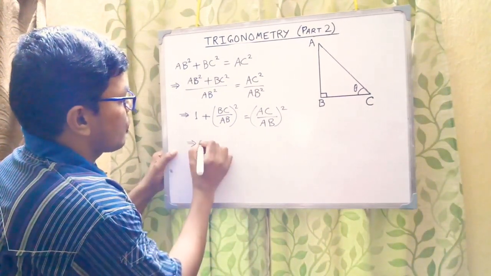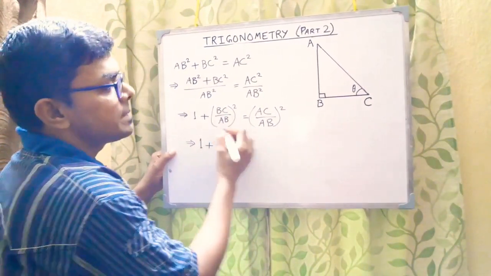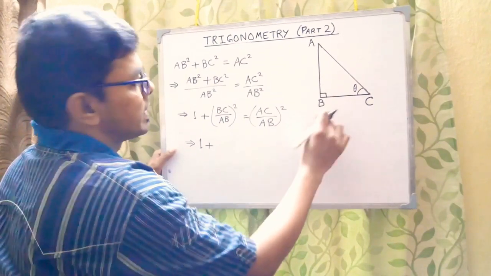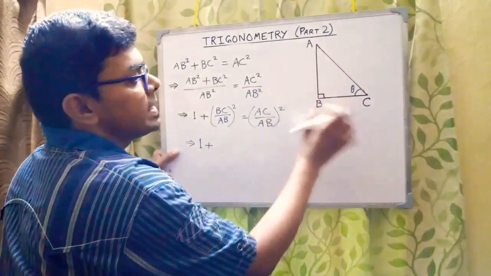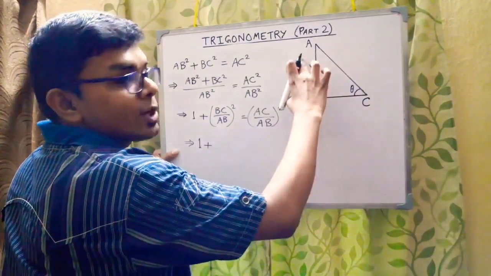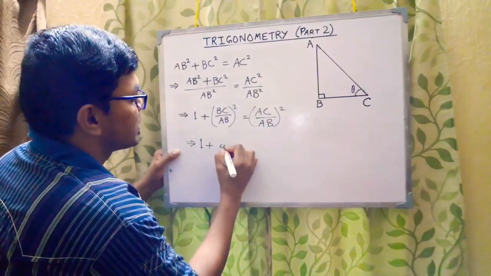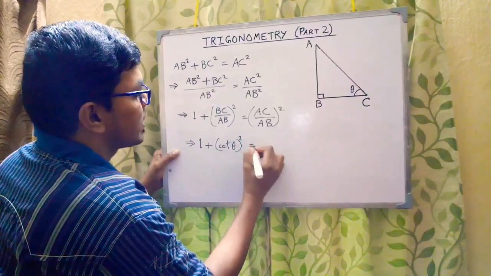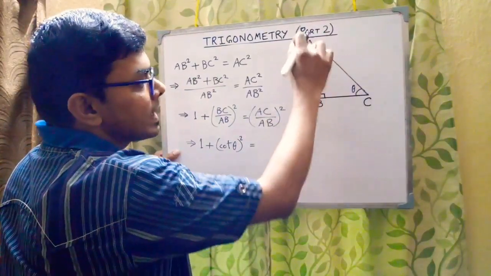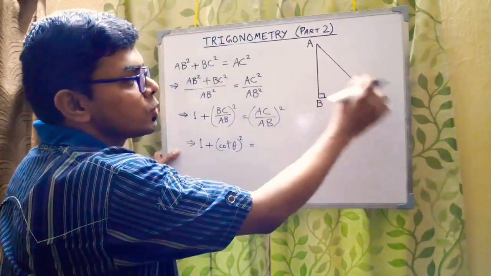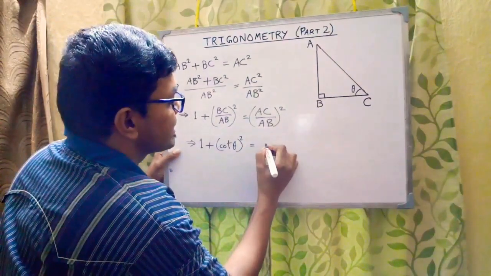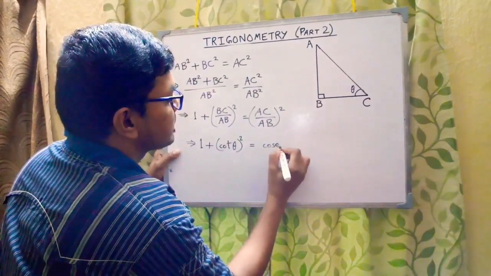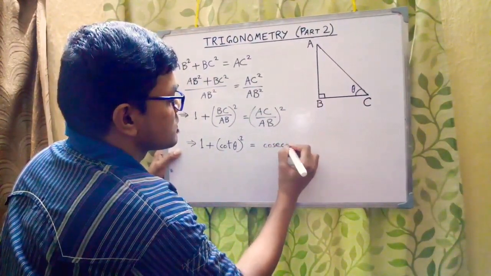So we have 1 plus, now BC by AB, so again we have to see the same thing. BC by AB is adjacent by opposite, that is cot theta. So 1 plus cot theta whole square equals AC by AB, that is hypotenuse by opposite, that is cosec theta.